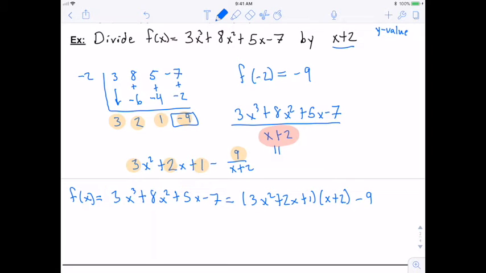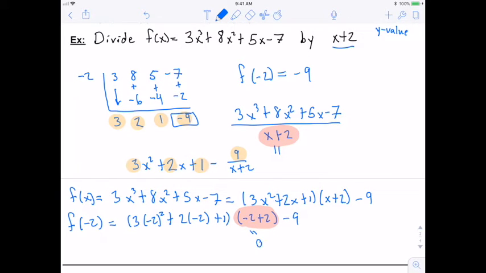And now, if we plug negative 2 into this equation, then we get 3 times negative 2 squared plus 2 times negative 2 plus 1 times negative 2 plus 2 minus 9. But notice here that our negative 2 plus 2 term is going to be 0.